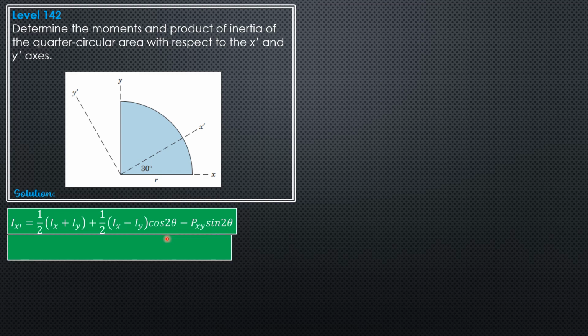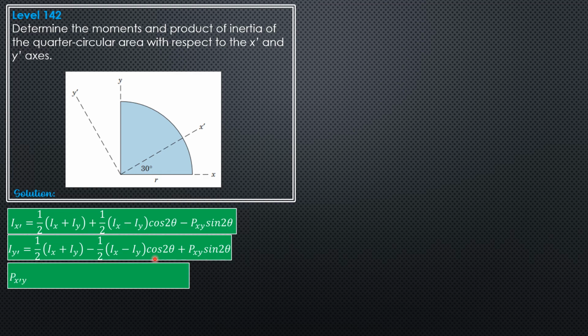I sub y prime is 1 half of quantity Ix plus Iy minus 1 half of quantity Ix minus Iy cosine 2 theta plus Pxy sine of 2 theta. Then Px'y' is 1 half of quantity Ix minus Iy sine 2 theta plus Pxy cosine 2 theta.